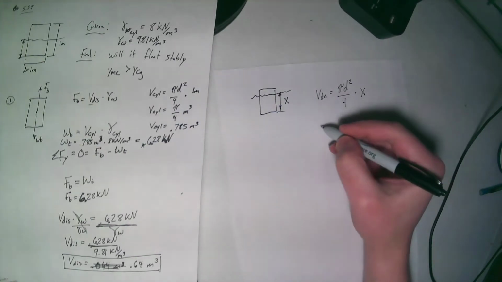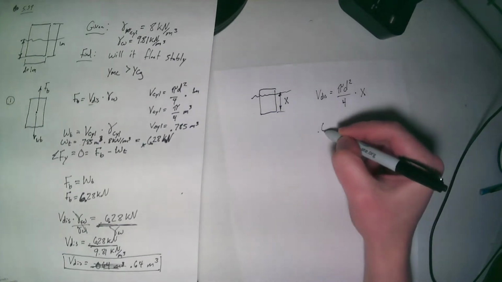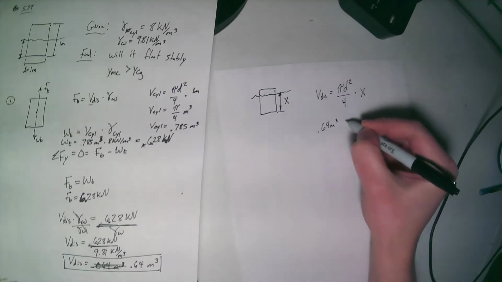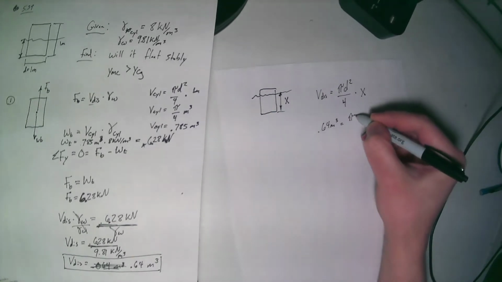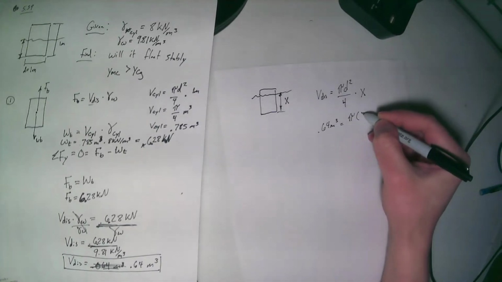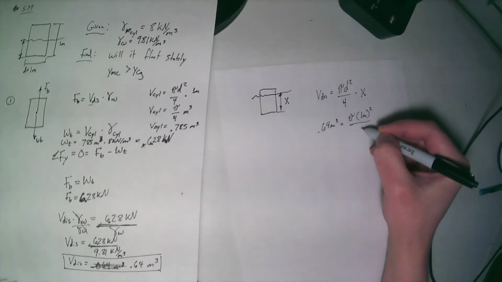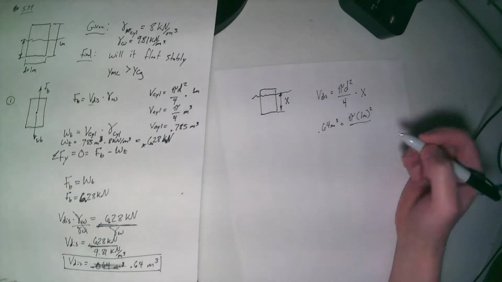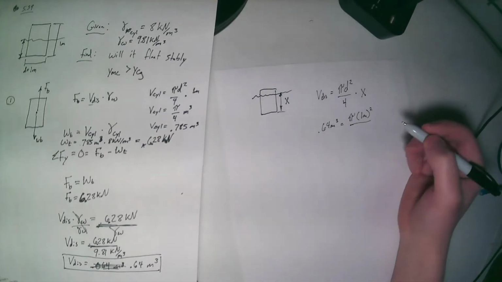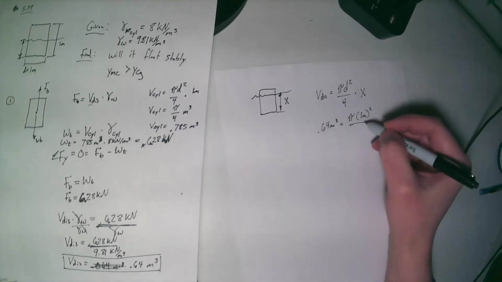So let's plug in and solve for X. 0.64 meters cubed is equal to pi, times our diameter here, which was 1 meter, squared. 1 meter squared is 1 meter squared, basically.